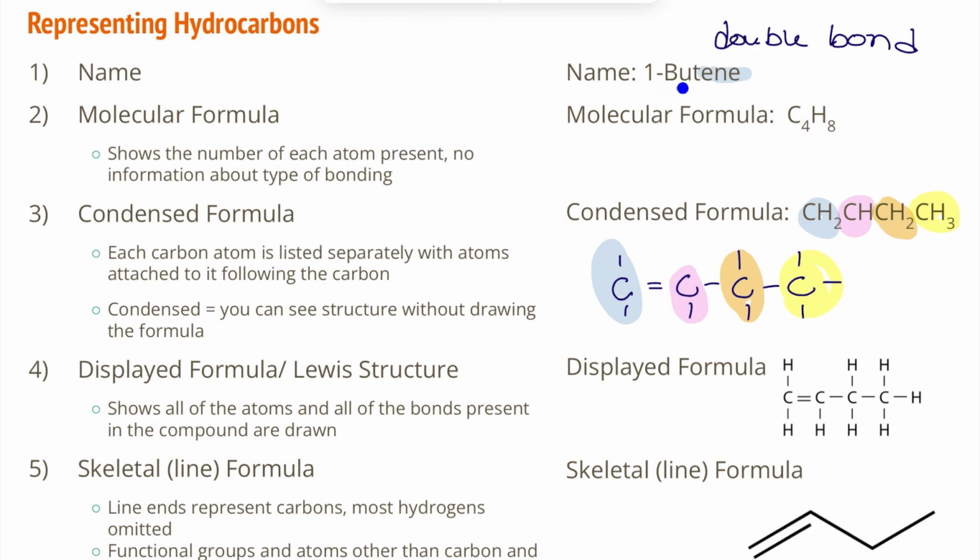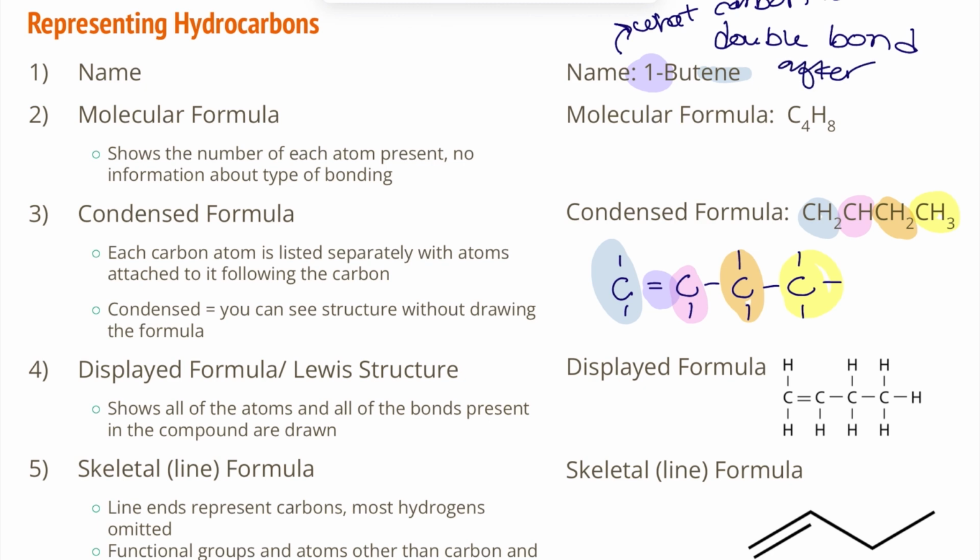Well, this is 1-butene. But means 4, ene means a double bond. The 1 means that the double bond is after the first carbon, or is coming out of the first carbon. That is where we see the 1 come into play in 1-butene: what carbon is the double bond after?